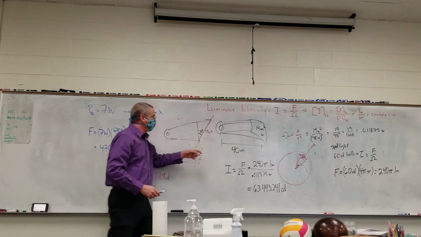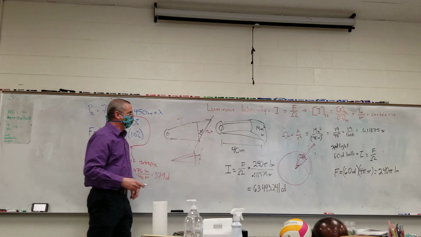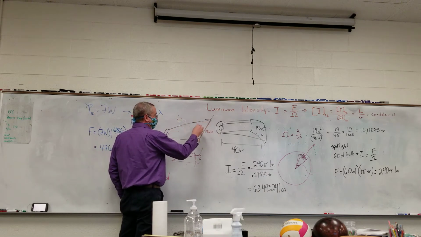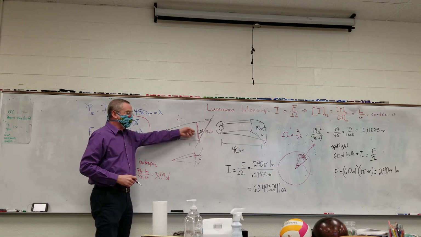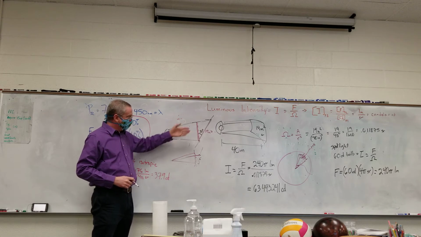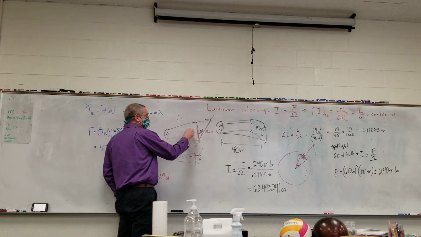So how do you actually deal with that? Well, a little bit of a trick. That's a 30-degree angle. What we care about is the part that is perpendicular to the way the light is coming in. And so this would be 19 times the cosine of 30 degrees.